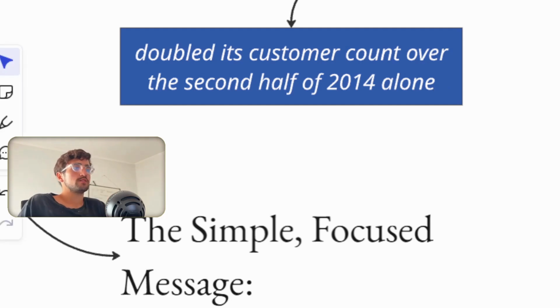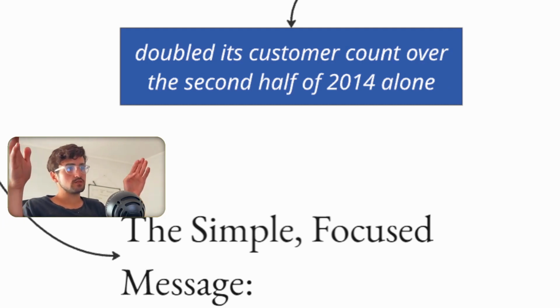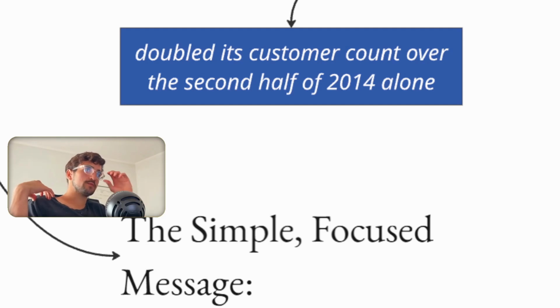So if your numbers are small, talk about the percentage growth, going from 10 users to 20 users in 1 month, 100% increasing. So that's a simple, powerful story of momentum that tells your audience this is taking off and you should be on the board.